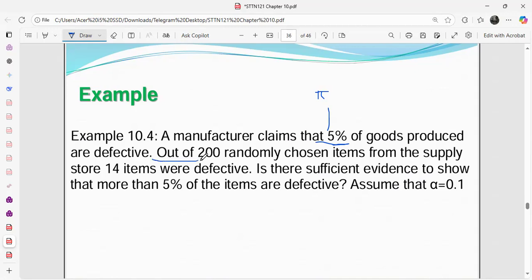Out of 200 randomly chosen items from the store, 14 items were defective, meaning 14 is x, and 200 is n. Now you can get the P cap by saying the P cap is equal to x over n. Is there sufficient evidence to show that more than, greater than? So under HA, the population proportion will be greater than 0,05.